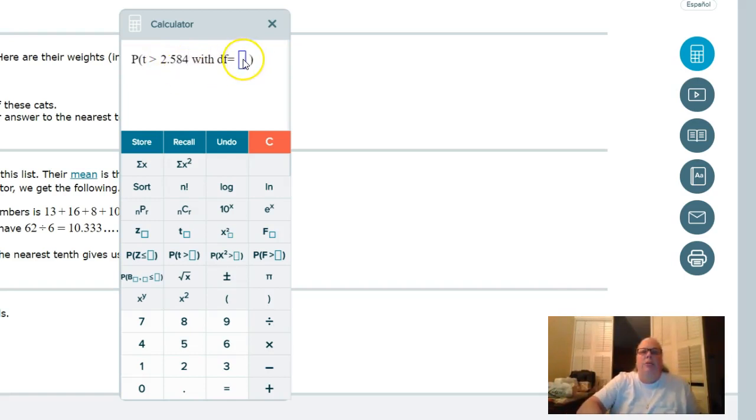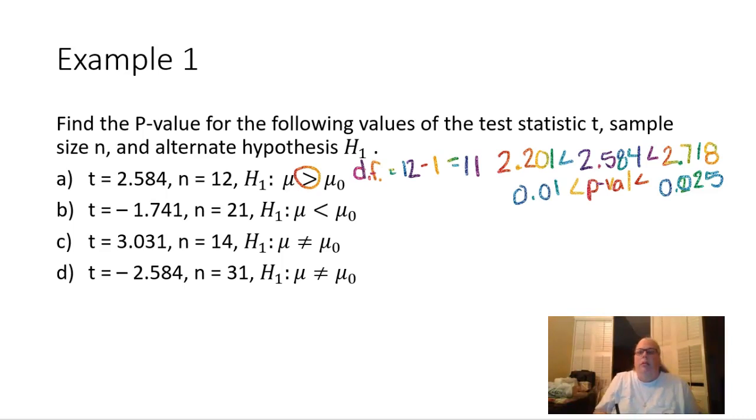And then the second box, you're supposed to put in your degrees of freedom, which we said was going to be 11. And then push enter, and it gives us our p-value there of 0.0127. This we got from the ALEKS calculator. And this number, as you can see, does fall in between 0.01 and 0.025.